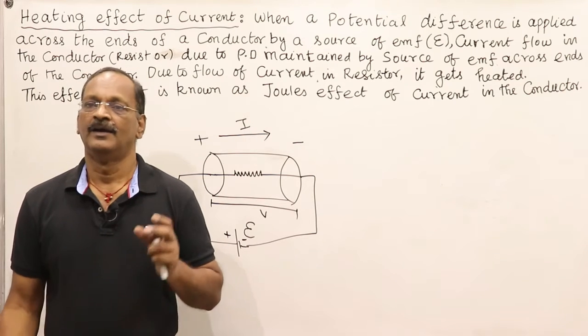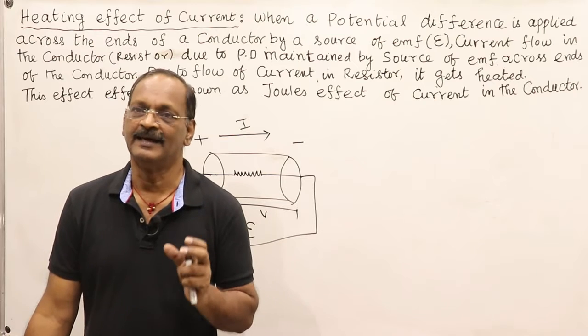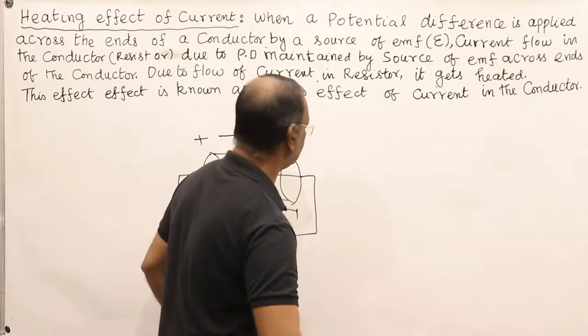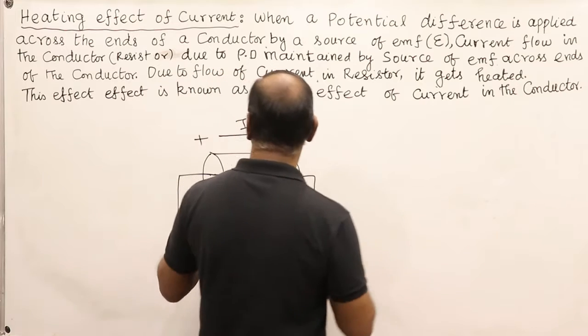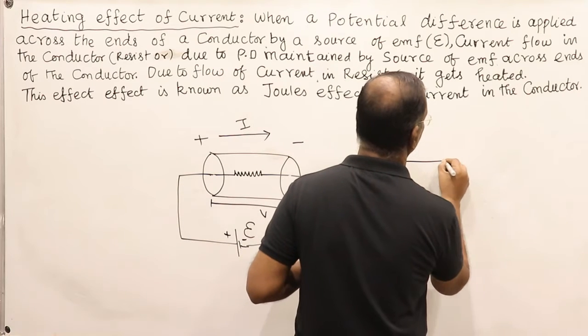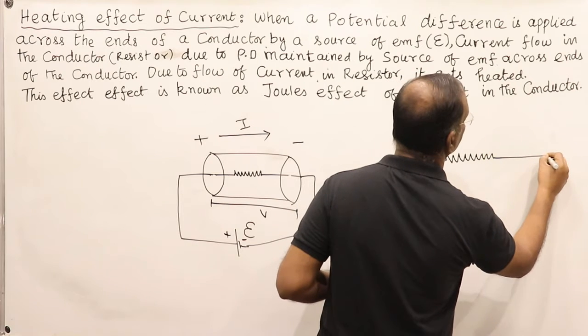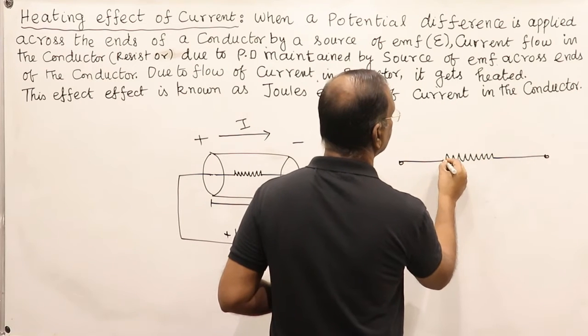We can summarize the heating effect of current. Now we will draw this circuit like this. We replace the conductor with a simple resistance. These are the ends of the conductor.